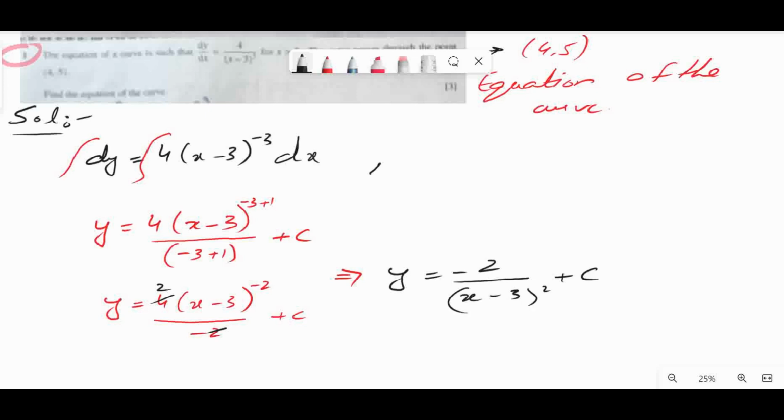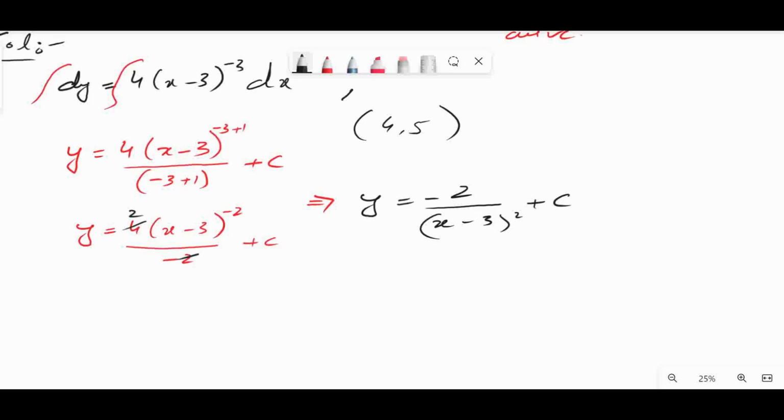Now the important point is that the given point is (4, 5). So we have to use these two values and find the value of c. How can we find it? We can simply put this point in this equation.